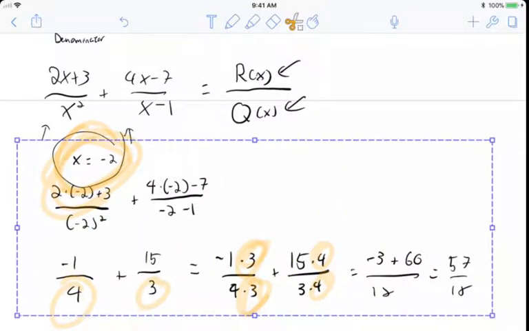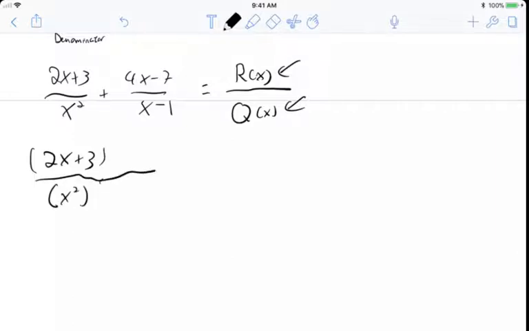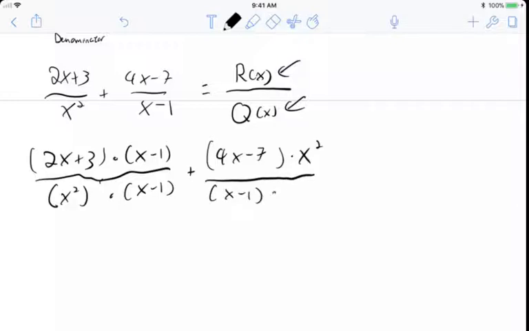If the name of the game is make the denominators match, why don't I just make the denominators match? What do I mean by that? Why don't I multiply by polynomials instead of multiplying by numbers? Why don't I multiply the first one, top and bottom, by x minus 1, the denominator of the other one? Why don't I multiply this one, top and bottom, by x squared? That way the denominators are new polynomials, but they're going to match.